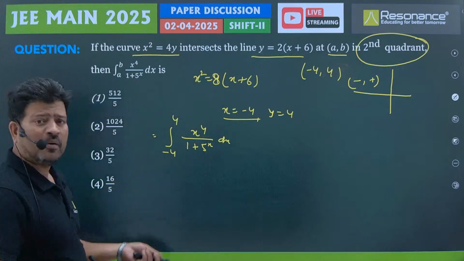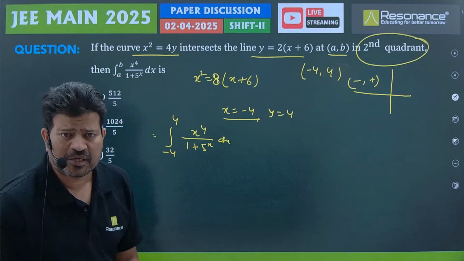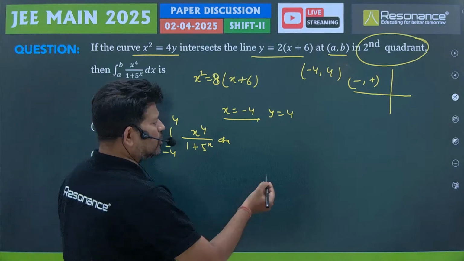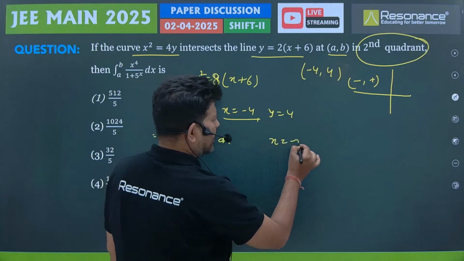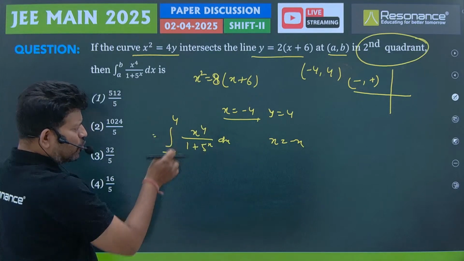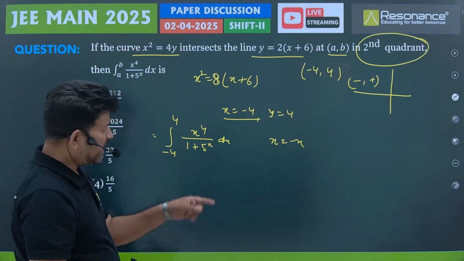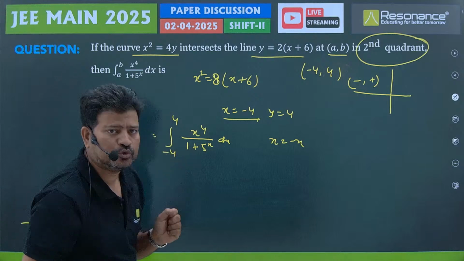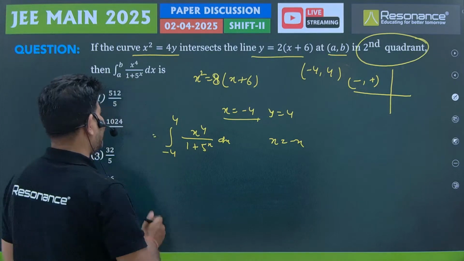Here 5 to the power x, an exponent, is there, so we can't find whether it is even or odd. Then in this case you can take the minus x in place of x. So the lower limit and upper limit also change, but due to this minus x, again they remain in the same position, minus 4 to 4 only.